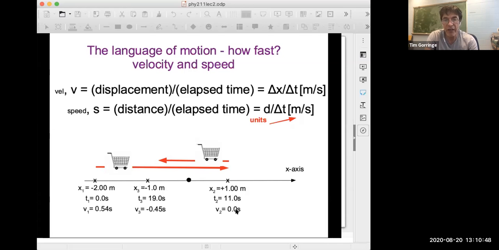The speed on the far right, when it turned around, was 0. And at this point, the velocity is 0.45 meters per second. I'll get these units corrected.